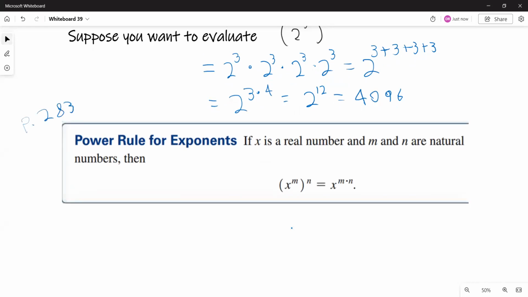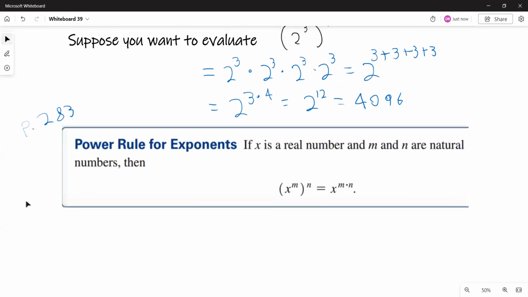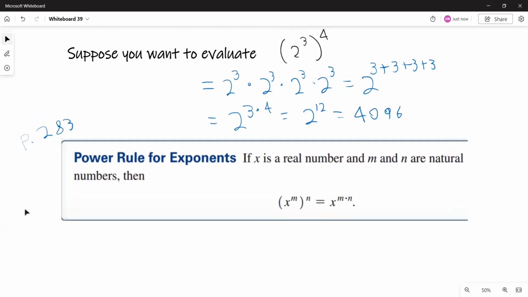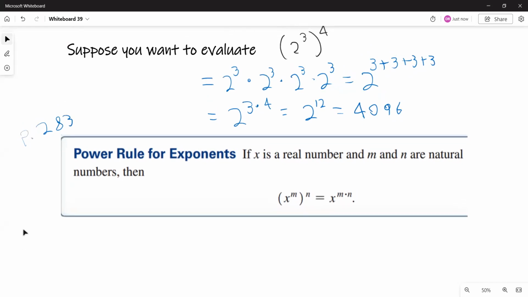If x is a real number and m and n are natural numbers, then x to the m raised to the n power is x to the m times n. So we are going to use the power rule to evaluate some expressions.